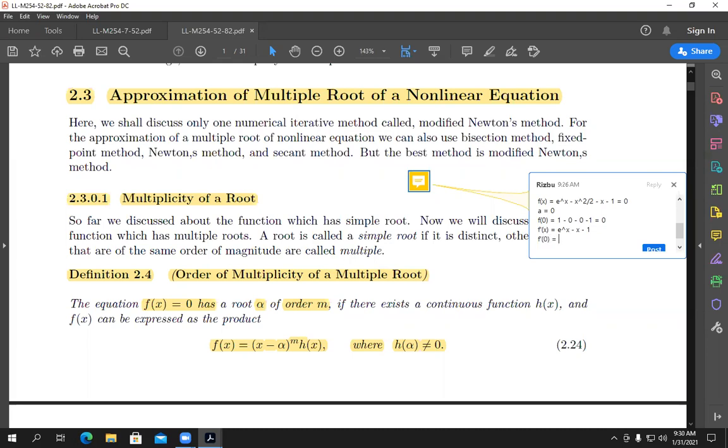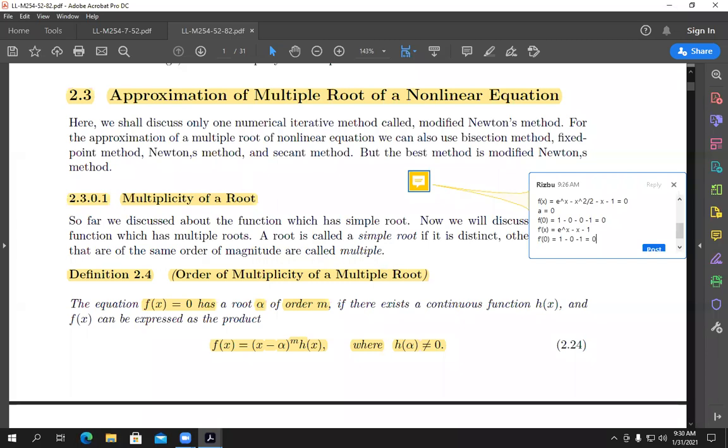Equal to 1 minus 0 minus 1, which is equal to 0. It means it is guaranteed 100% that 0 is a root and it is a multiple root. And I told you, when you know it is a multiple root, you must know how many times it is repeating. That means, what is the value of m?